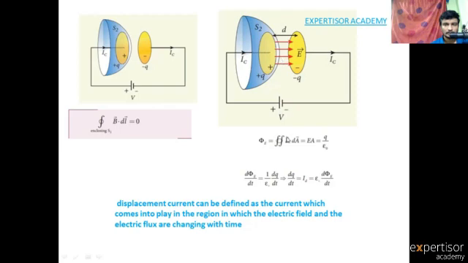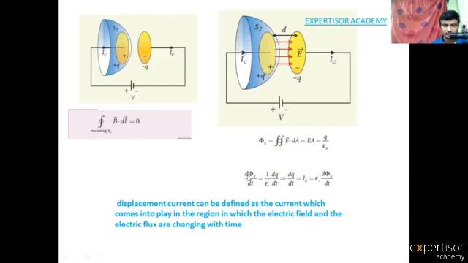Here the charge propagation is generated, so the closed surface integral of the electric flux is equal to 1 by epsilon naught times the net charge. So this one represents Gauss law.